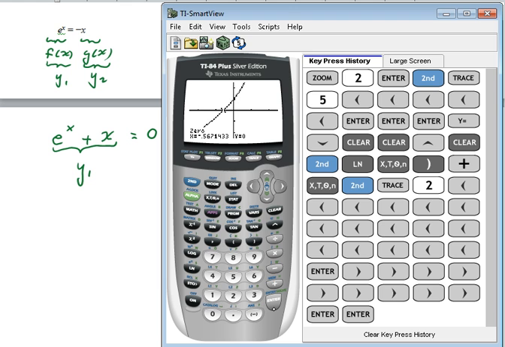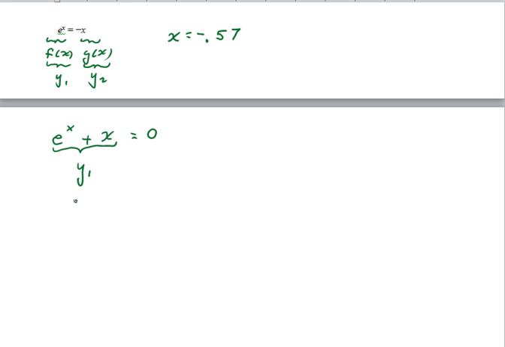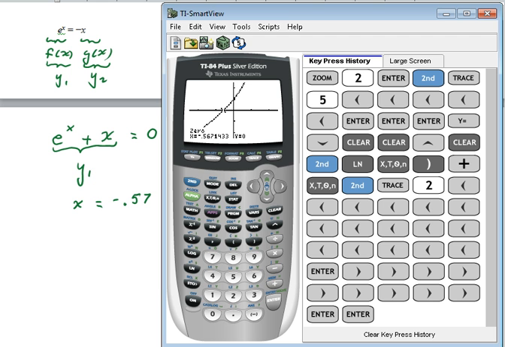And notice that the x value, again, is equal to negative 0.57.